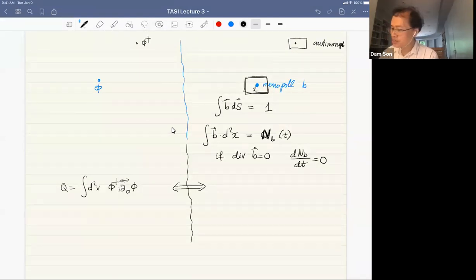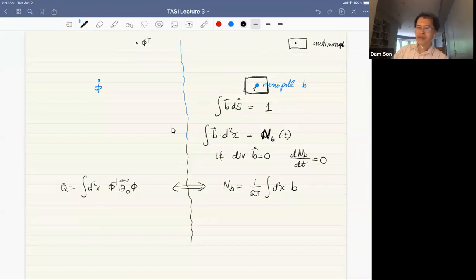And that charge is mapped to the number of magnetic flux quanta. And if one is careful with the normalization, we find that the duality maps the number of phi quanta to the number of flux quanta on the other side.